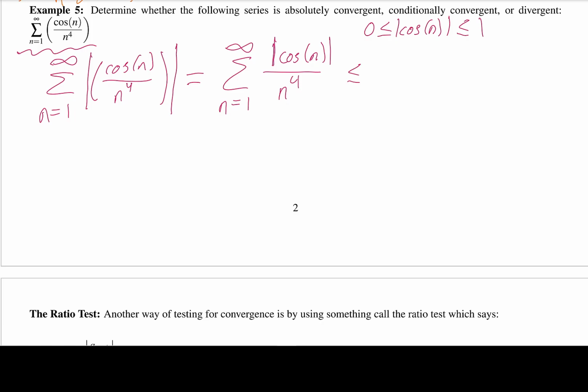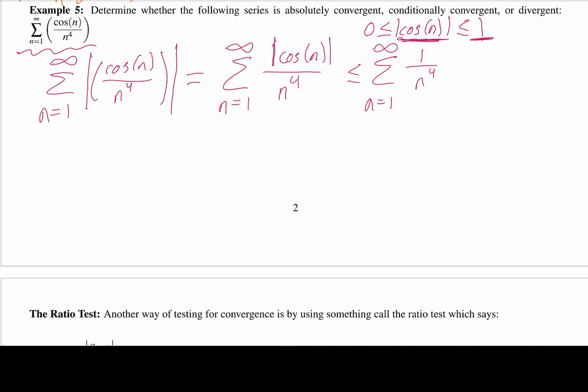So we can say that this is less than or equal to the sum from n equals 1 to infinity of 1 over n to the fourth, right? And that's because the absolute value of cosine of n has to be less than or equal to 1.